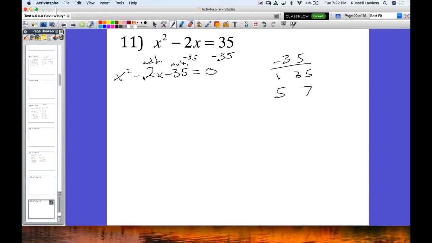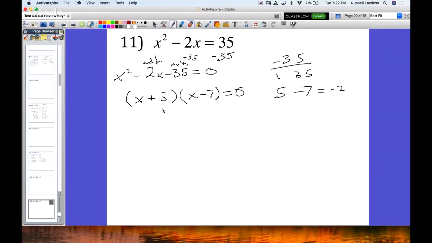But notice I need to add to -2. So 5 times 7 does give this. There's a difference of 2. How do I get that negative? Well, if I do 5 minus 7, that would give me the -2. So then that would tell me that my factors are x plus 5 times x minus 7.